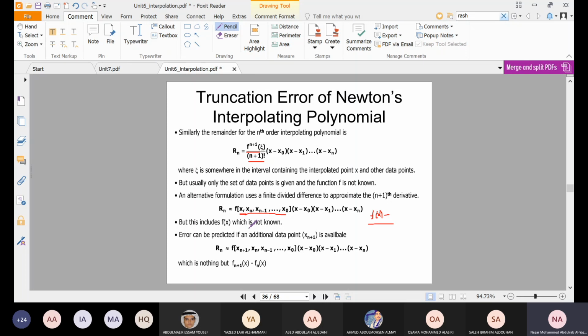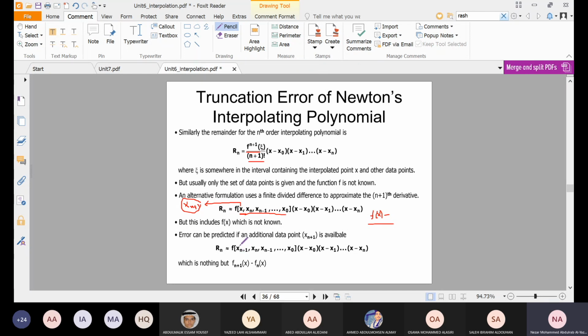The easy way is to replace this unknown x with an additional point. If you have an additional point from the table, you can use it. I replace the unknown x with a new data point that is known to us.